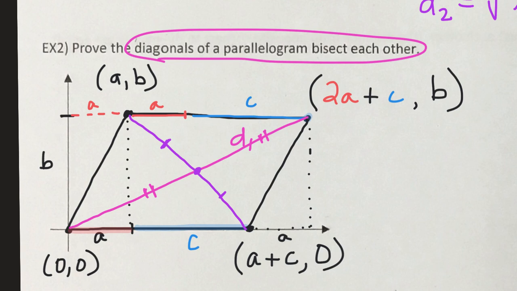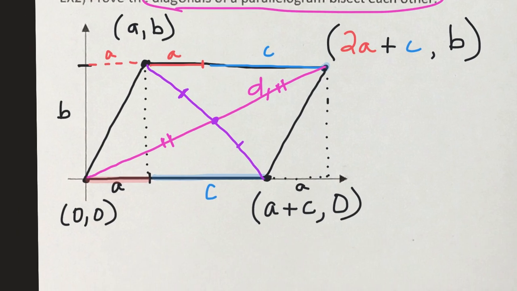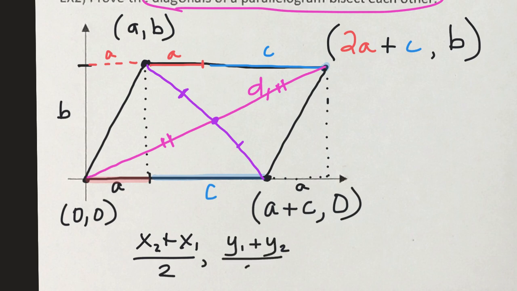I know, it's kind of hard to imagine that this is actually going to happen. So let's use the midpoint formula. We do that by adding our two x values together and dividing by 2, and then adding your two y values together and dividing by 2. That's how we find a midpoint.